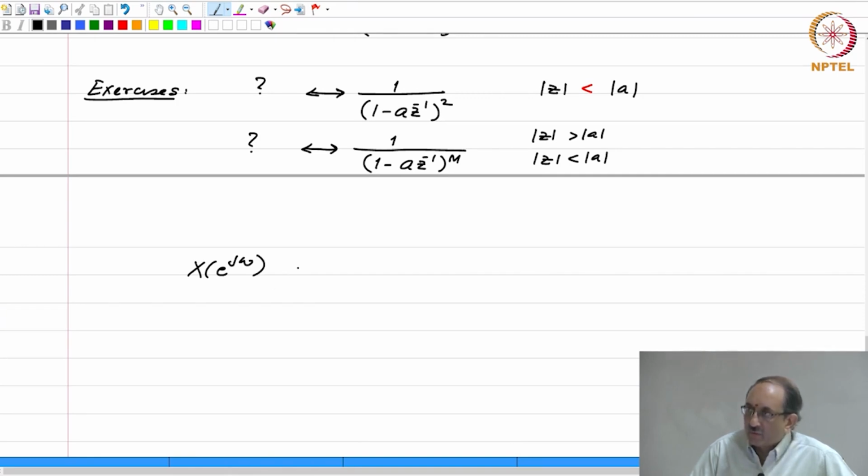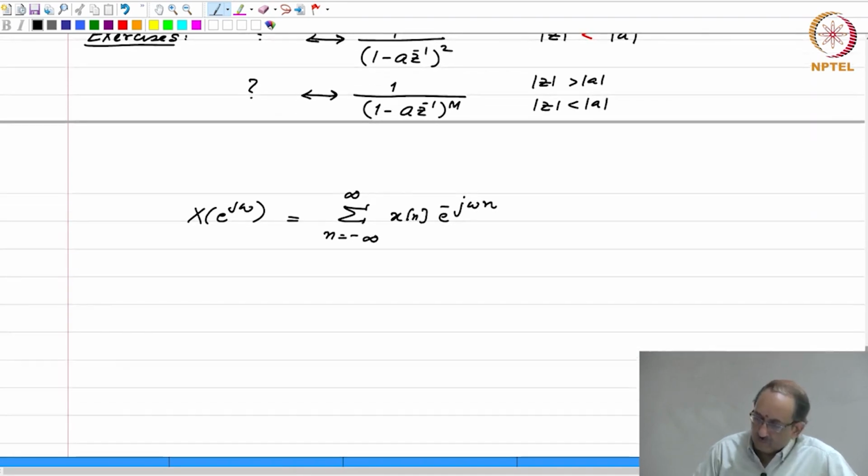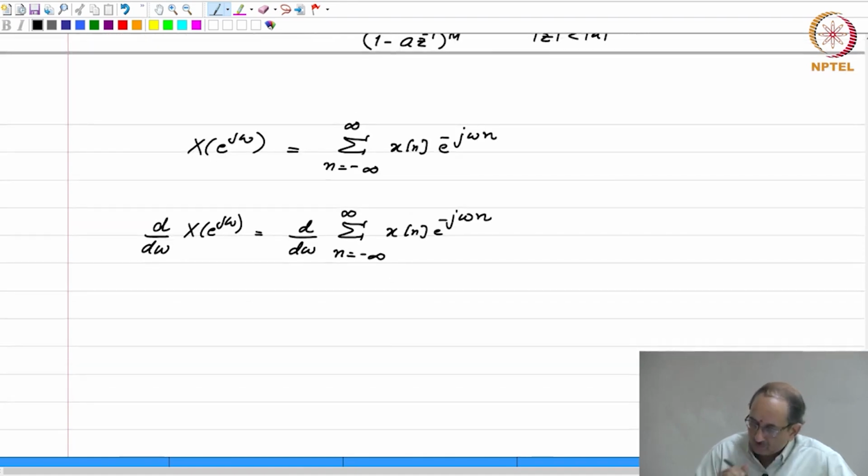Let us look at the corresponding property for the DTFT. Now we differentiate with respect to omega, because the independent variable is omega. Therefore, this is d by d omega of X of e to the j omega. Now, how about taking d by d omega inside?